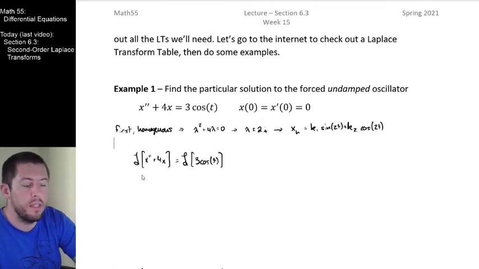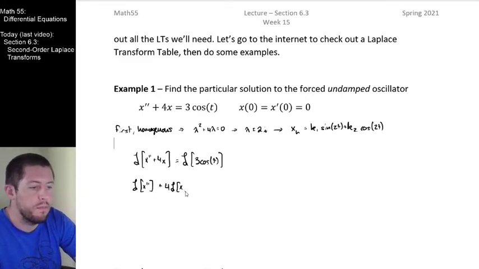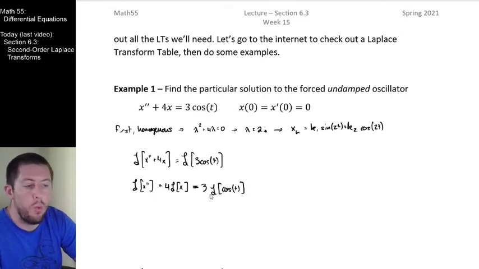As I've said a bunch of times, we get to split up our Laplace transforms over addition and subtraction, and we get to pull constant multiples out front.